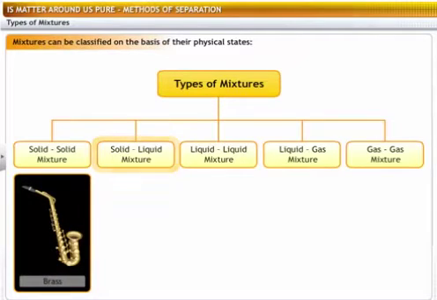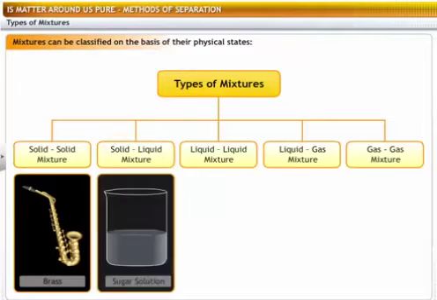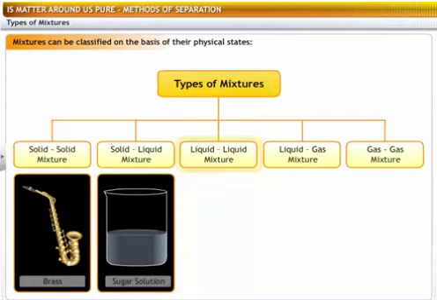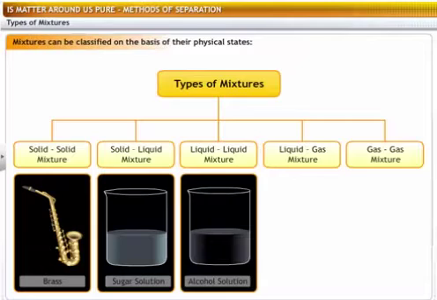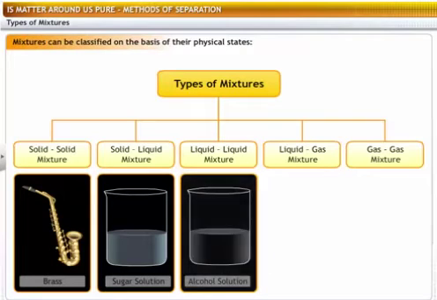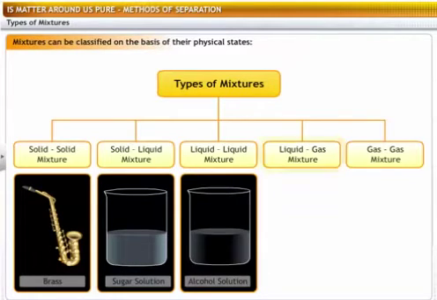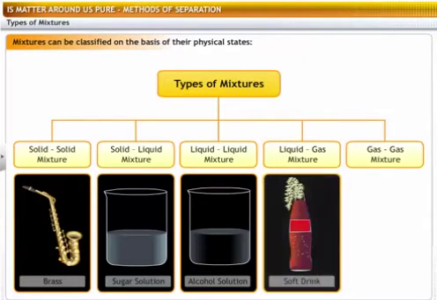Solid, liquid mixture. A sugar or salt solution is an example of a solution of solid in a liquid. Liquid mixture. Alcohol in water is a liquid in liquid mixture. Liquid, gas mixture. For example, carbon dioxide mixed in water.